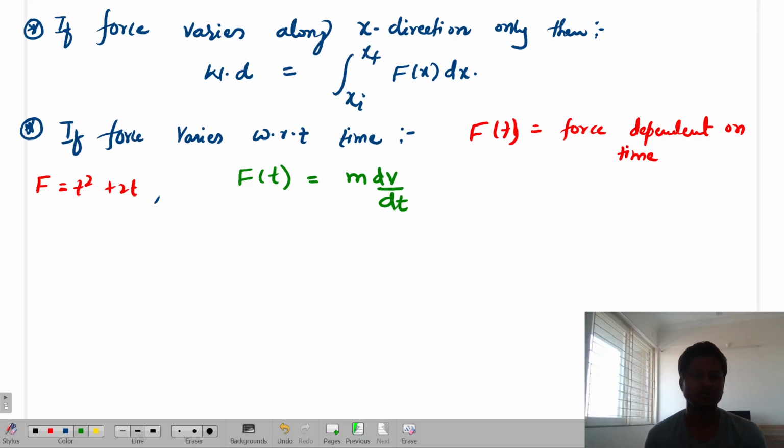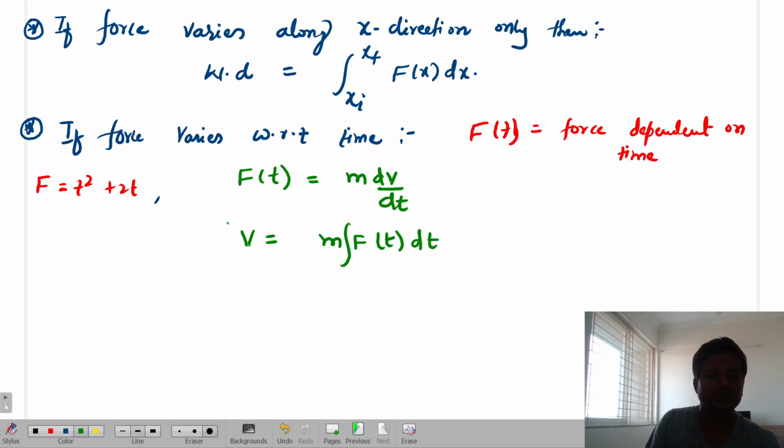Is that clear? Now, if force is dependent upon time, then I can write v equals 1/m into the integral of F(t) dt. And if I integrate this from v initial to v final, integrating dv, what remains? The velocity equation will come or not?